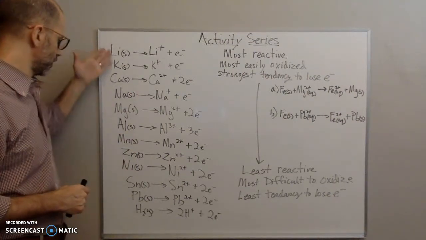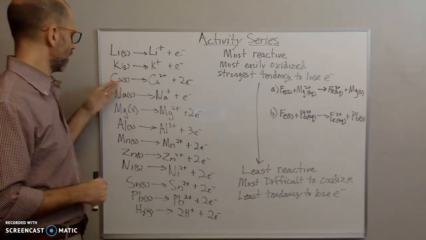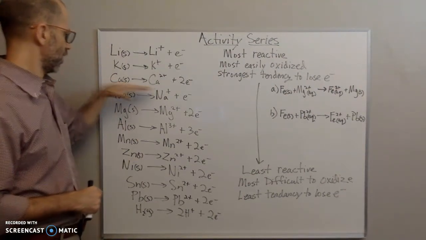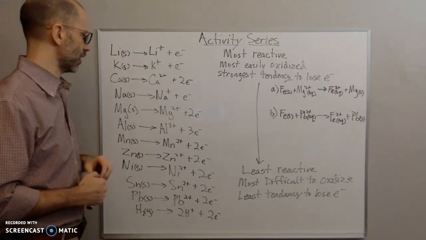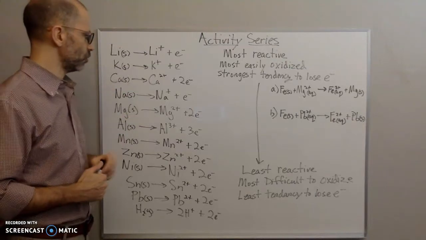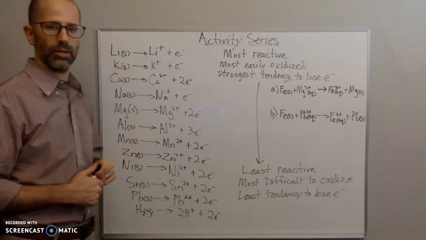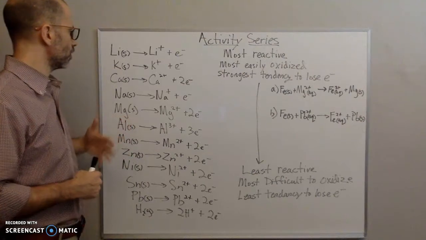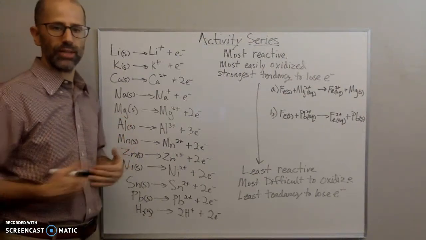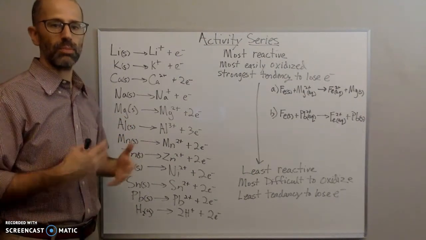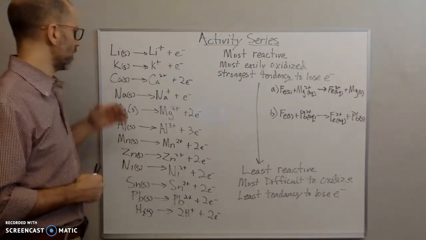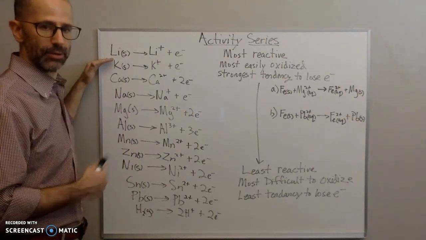So if you have a list of metals here and you're showing that each metal is losing an electron, how easily will that metal lose its electron? So the metals tend to lose their electrons. They want to lose their electrons, but some metals want to lose them more than others. And we call that being more reactive, right?